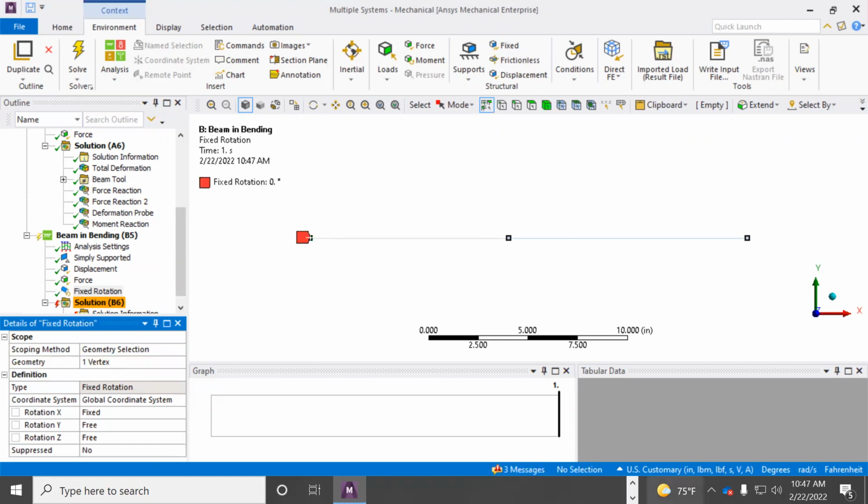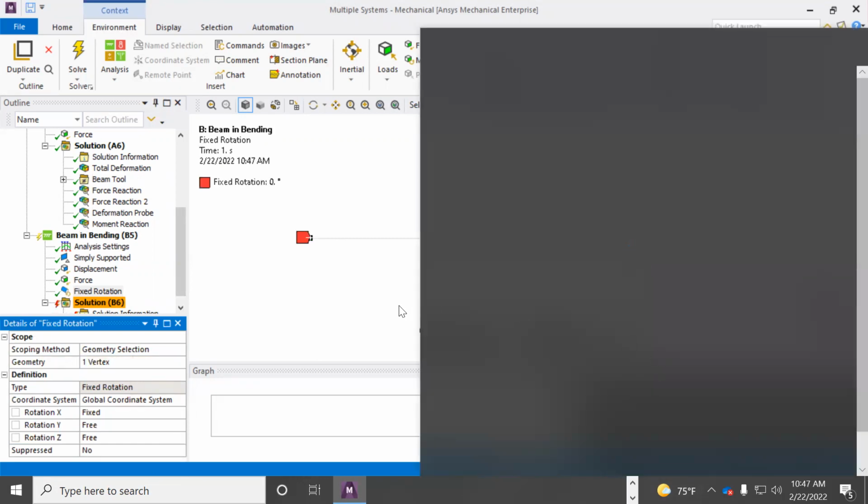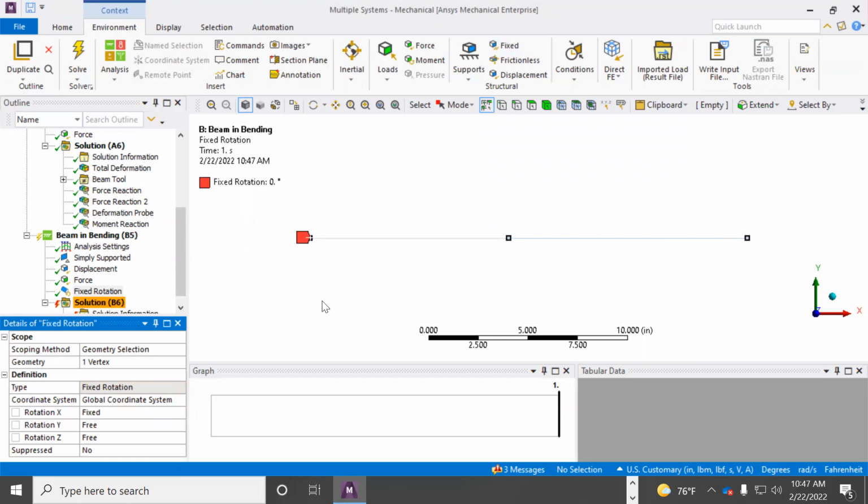I select my external vertex here. So now we added this fixed rotation only about the x-axis.